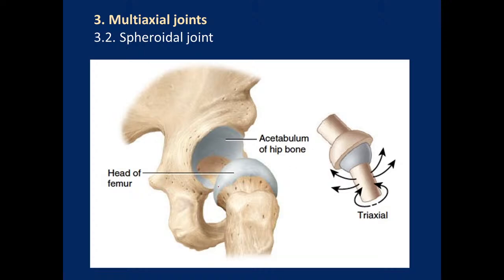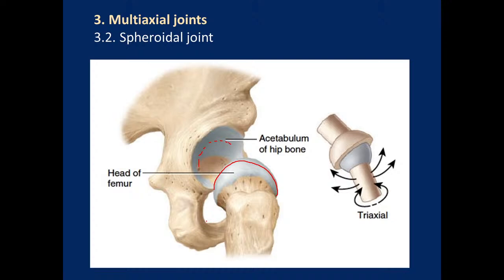Here, this is the ball-like surface of the head of the femur, and the cup-like depression of the pelvis bone.